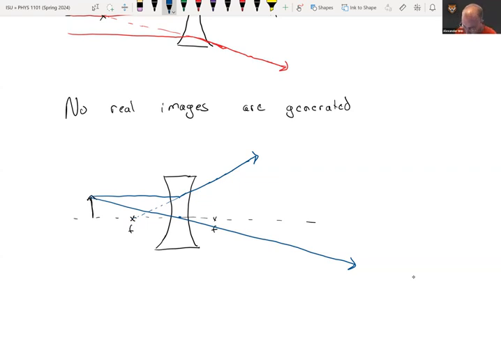Now, this is the second rule, but it's the one that's hardest. For convex or converging lenses, we traced a ray through this focus. For diverging lenses, we actually backtrace a ray through the other focus. So I'm going to do a dotted line that goes basically from the tip to that focus.